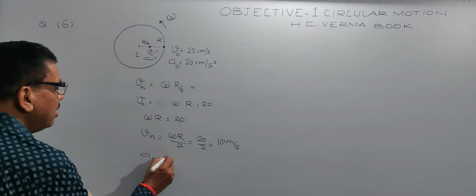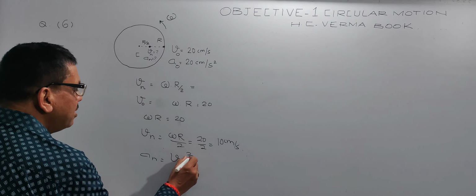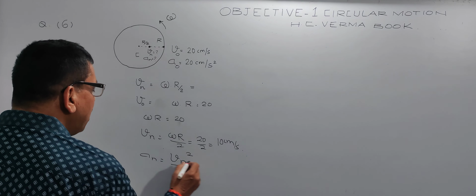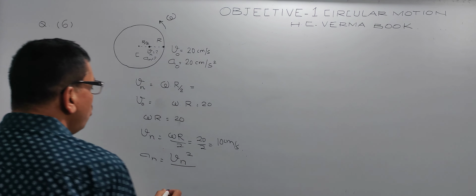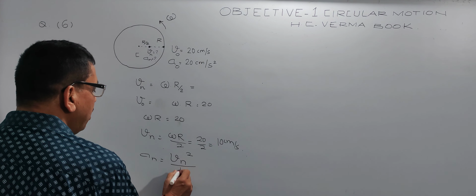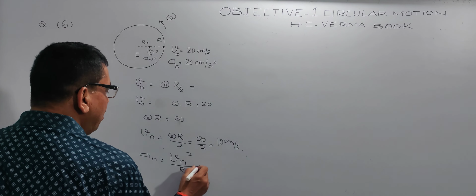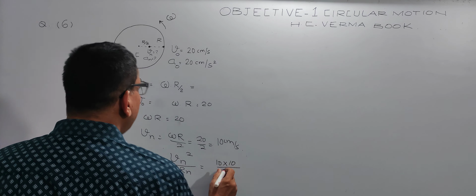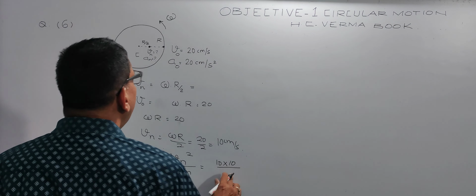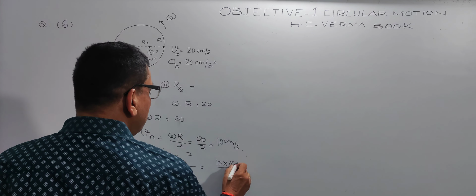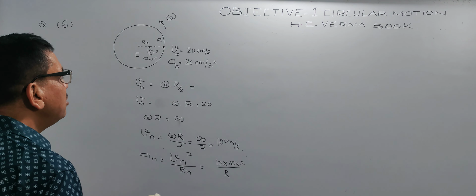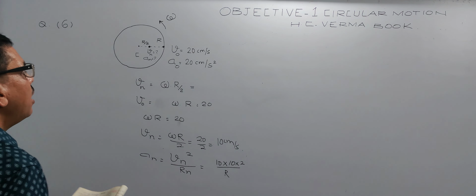The new acceleration is v new square by r new, where v new is 10 and r new is r by 2. Now let us see the value of r.